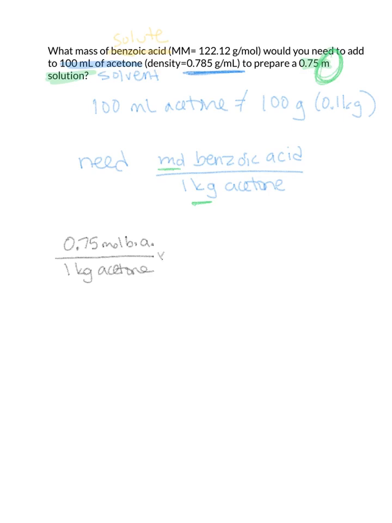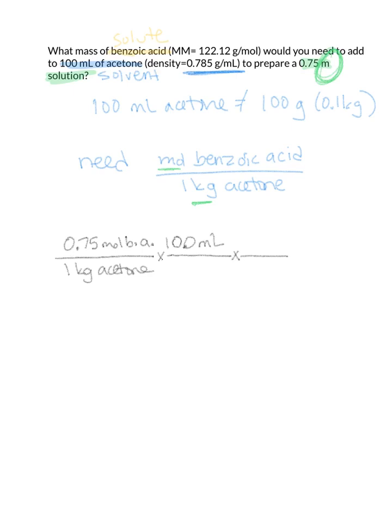And now I need to start thinking about what I have to get to that point where I know the kilograms of acetone. Well, I know I have 100 milliliters, and we know that the density is 0.785 grams per milliliter. So let's go ahead and multiply by the volume like we would in a molarity problem, right? There's 0.1, and actually, I'm going to keep it as 100 milliliters for reasons that are going to make sense in a second.